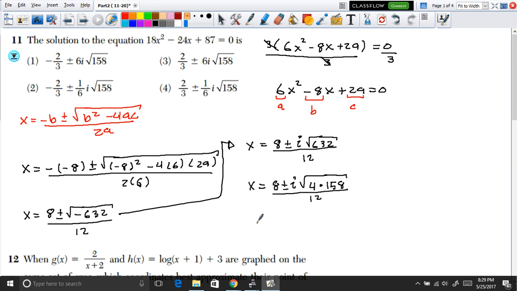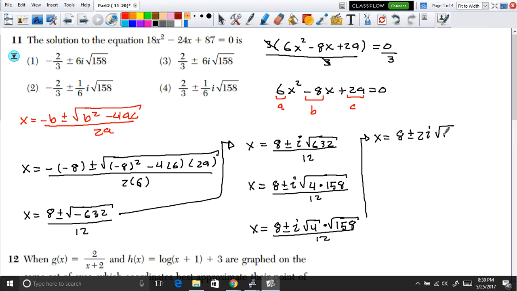Because we can rewrite this as the square root of 4 times the square root of 158 over 12. We do know the square root of 4 is 2. So we can rewrite this as 8 plus or minus 2i square root of 158, still with everything over 12.